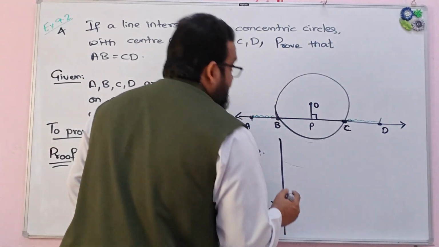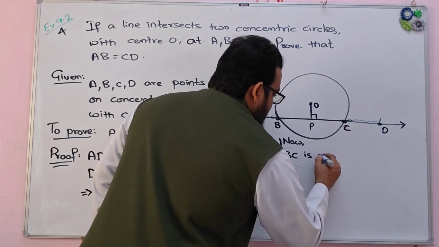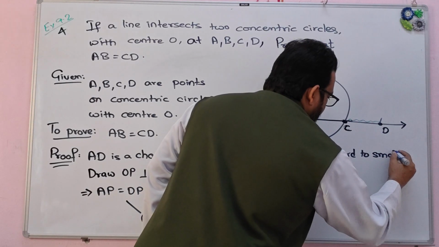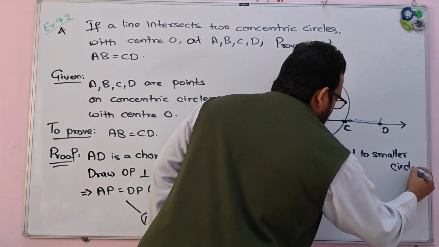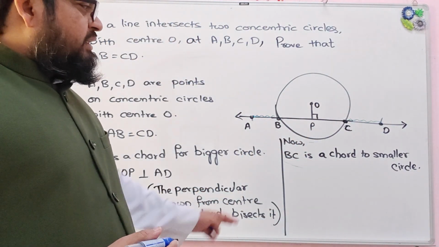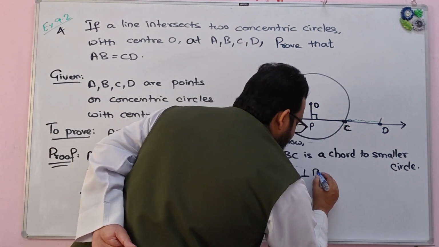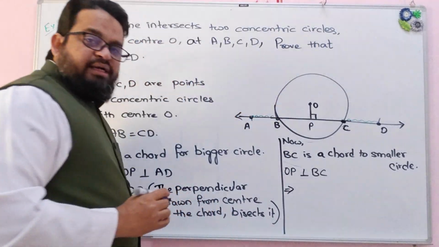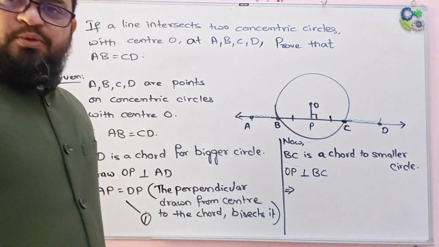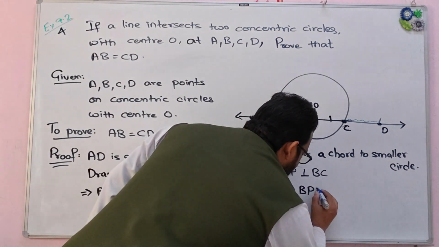So just write it. BC is a chord to the smaller circle. Is it right? Already we have drawn OP onto this line, and therefore we know that OP is perpendicular to BC, and that implies, when it is perpendicular, BP is equal to CP.